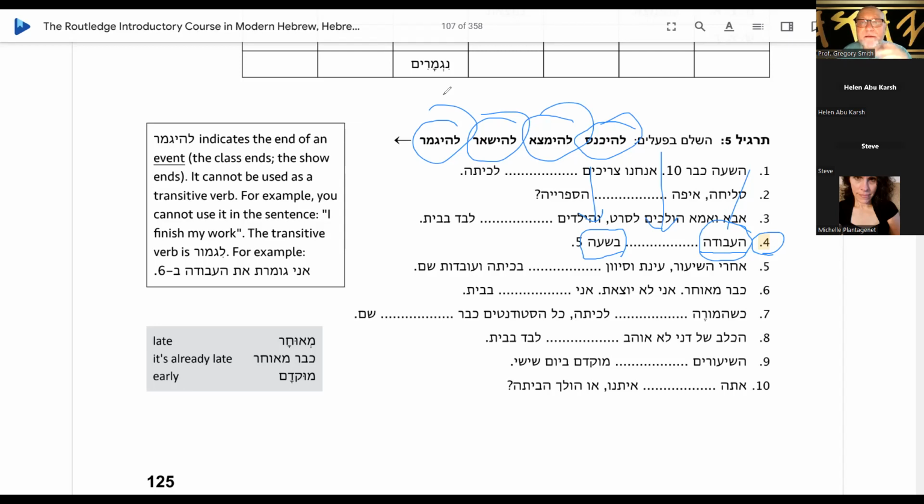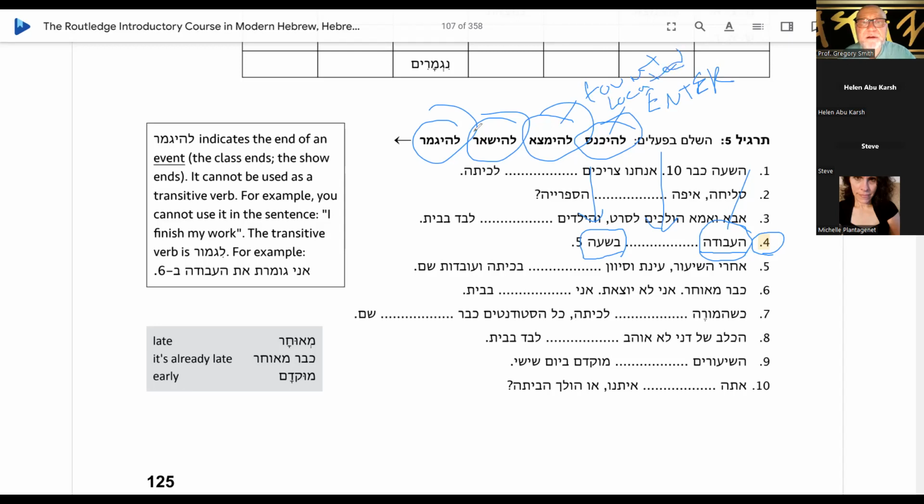Lahimatse. Yeah, lahimatse. Let's make sure that's right. Mem zadi aleph. Okay, that's like to be found. Lahimatse. Okay, and then this one right here is enter, and this is like found or located.